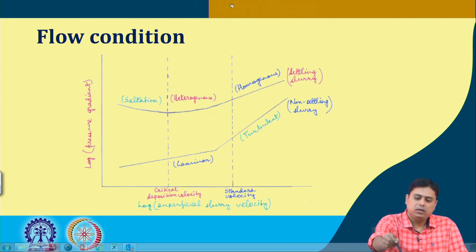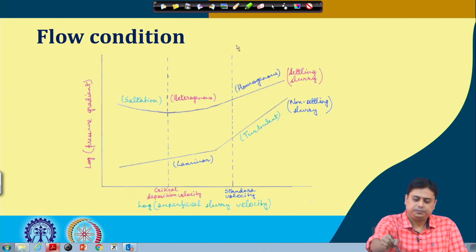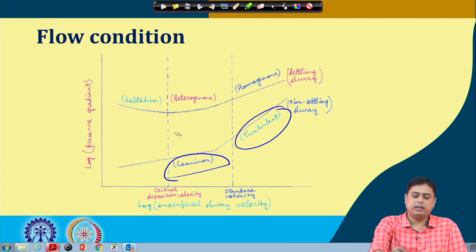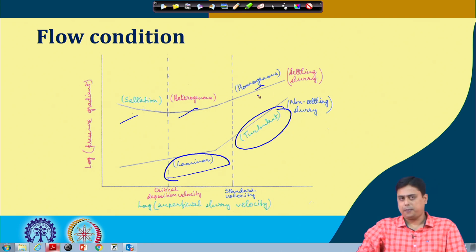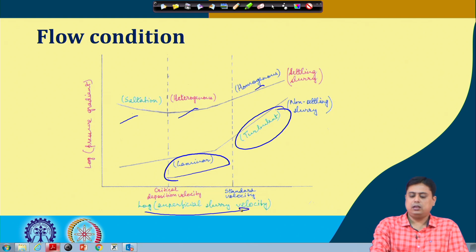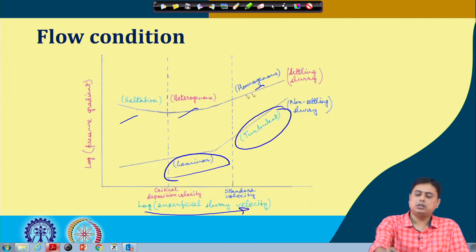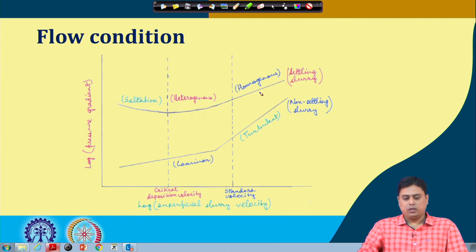When it is a simple non-settling slurry, we have the laminar and turbulent parts. But when it is a settling slurry, we have different flow regimes, starting from saltation, heterogeneous and homogeneous slurry. As we increase the superficial slurry velocity, we go from saltation to homogeneous slurry.